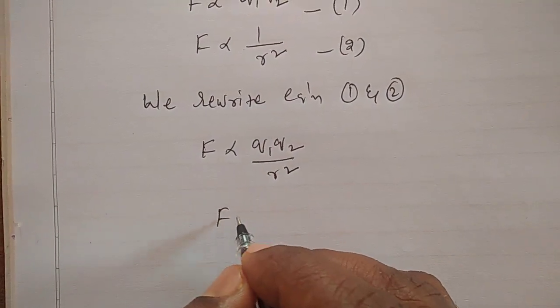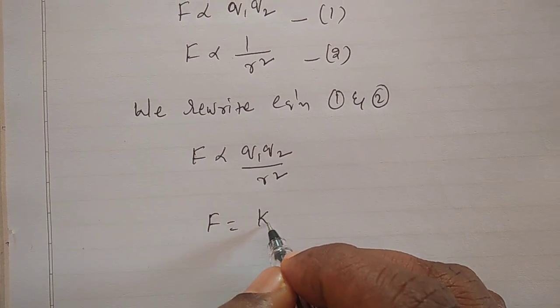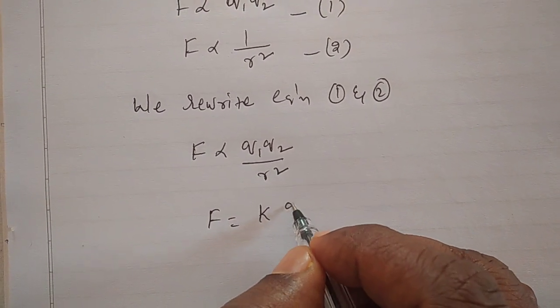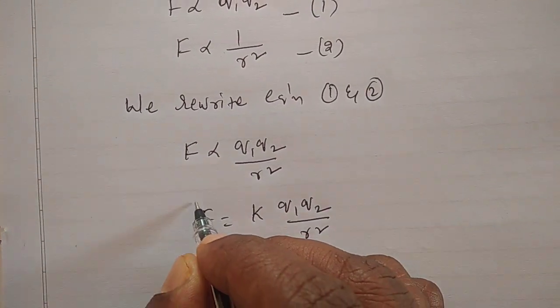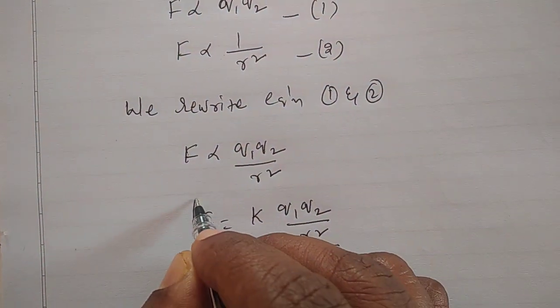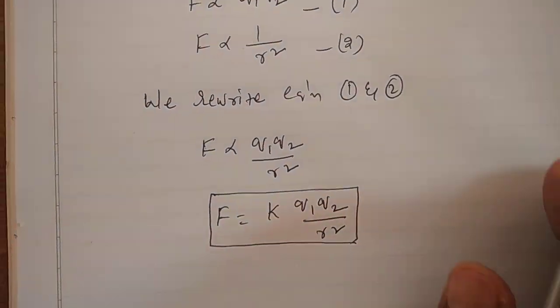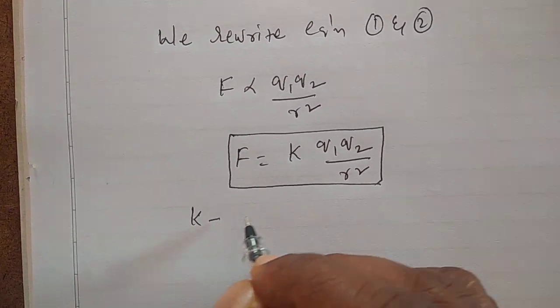Now we remove the proportionality and place one constant k here, the proportionality constant, so F equals k q1 q2 by r square.